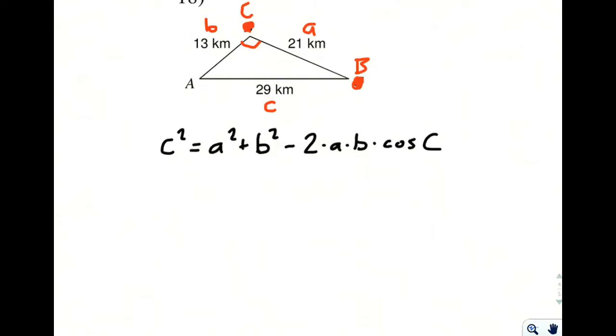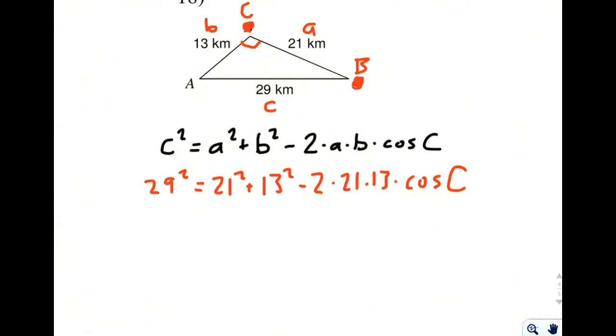Now I plug things in. I know that my side C right here is 29. So I have 29 squared equals my side A is 21 squared plus my side B 13 squared, minus 2 times 21 times 13 times cosine of, well, we don't know what angle C is, so we're just going to leave it cosine C.